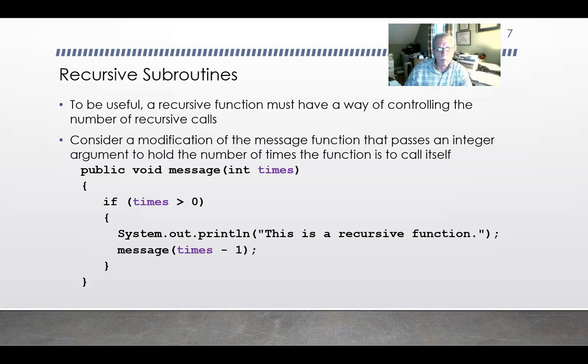Let's consider a bit more practical example. Here we say that a recursive function has to have some way of controlling the number of recursive calls. We don't want it to go on forever, because remember, with each call, we incur that overhead of creating a stack frame. So if you call yourself and call yourself and call yourself over and over and over again, you're adding all of these stack frames to the internal stack.